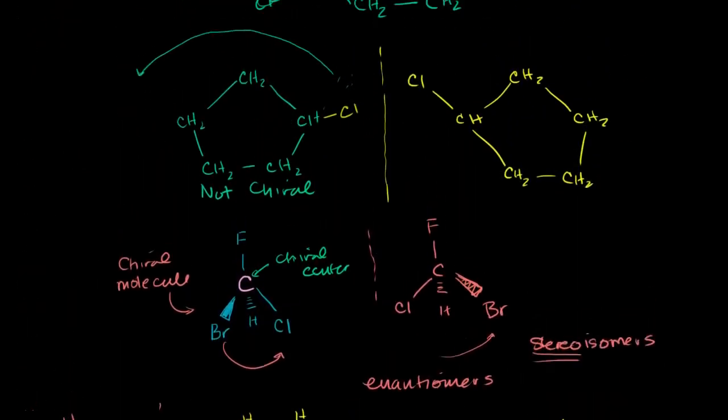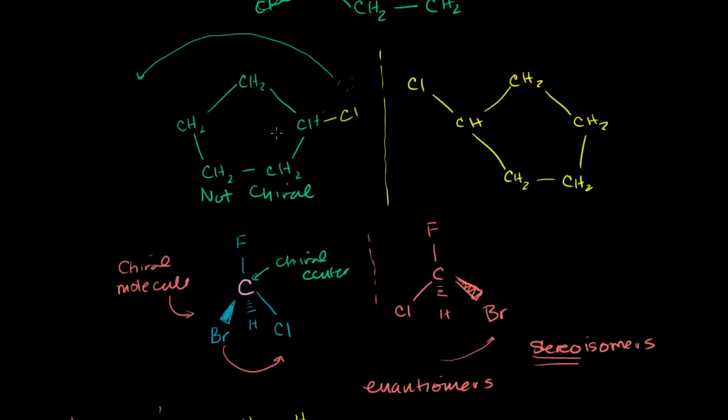But you see over here, this is not a chiral center because there's actually an axis of symmetry for this molecule that goes through that carbon. So you can draw an axis of symmetry that goes exactly through that carbon. The way I drew it, it's not completely neat, but you can see that that is the reflection of that if I were to draw the bonds a little bit more symmetrically.